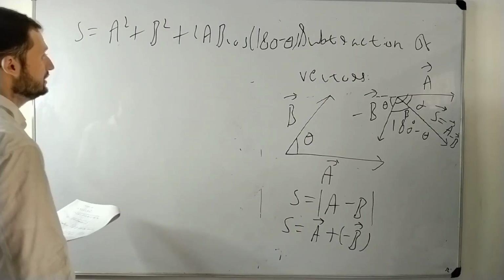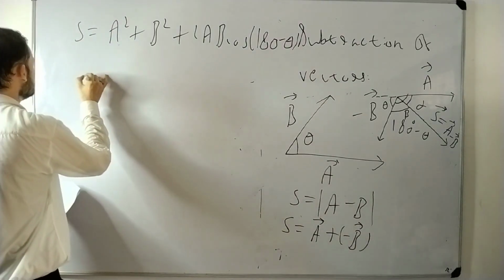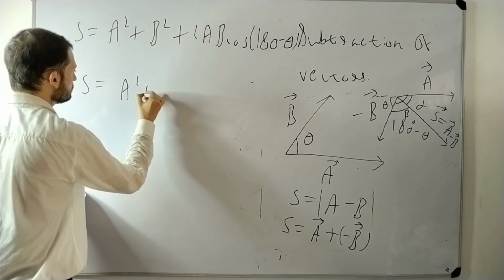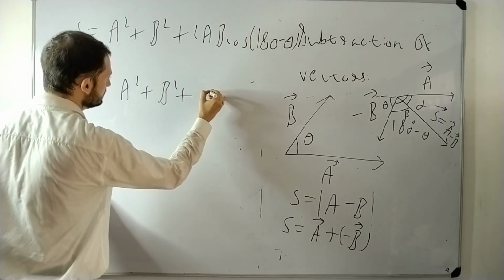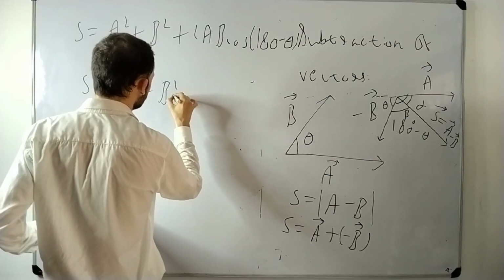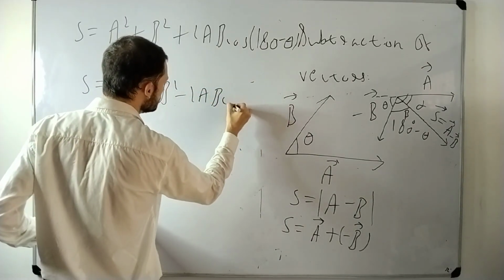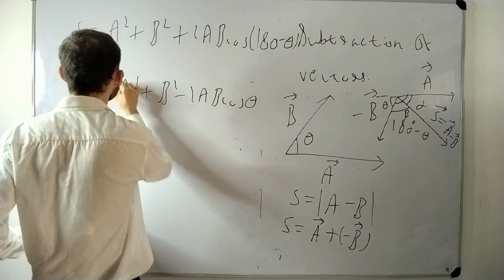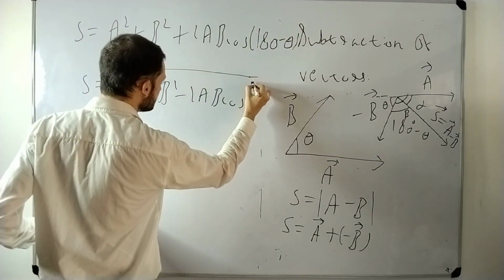Then what should I write? Yes, sir, you should write A square plus B square, and cos 180 minus theta happens to be minus 2AB cos theta. So this is the subtraction resultant vector.